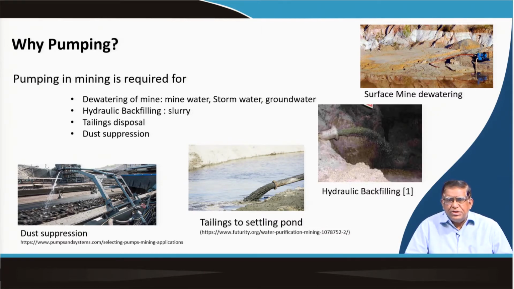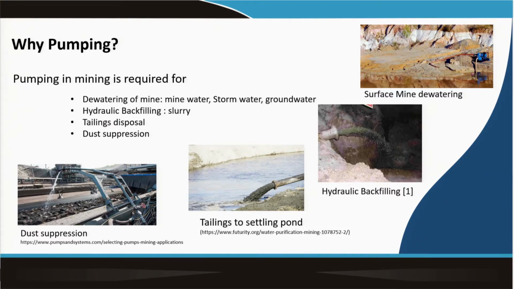For the drilling machines, sometimes in oil well drilling, the drilling mud will have to be pumped. Similarly, you will have to pump out the materials from the blast holes. Sometimes you do the drilling with water, and other machines like the shearer or continuous miner also have pumps.